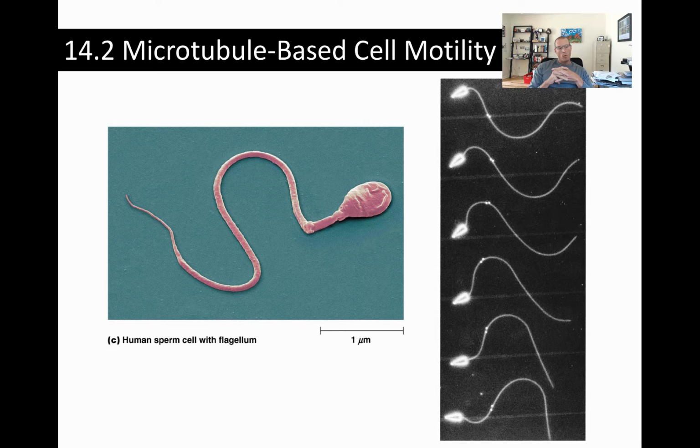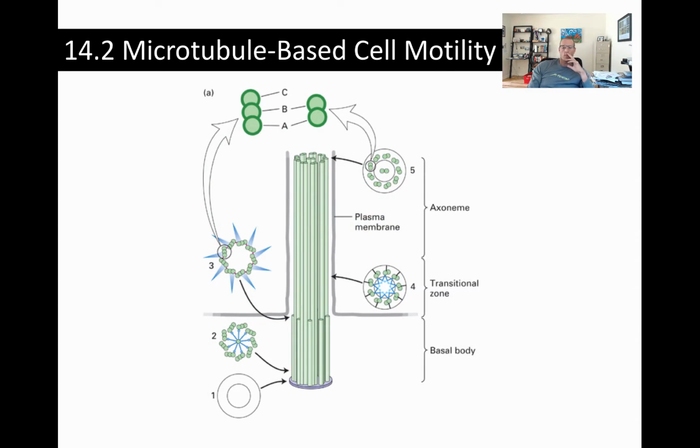You only usually find one or a few per cell, and they move with what's called a propagated bending motion, and that generates a force that's parallel to the flagellum. Here this sperm on the right would be swimming to the left, and so there we've got more of this undulating motion rather than the oar-like motion that we had with the cilia. So it's two different types of movement to generate force.